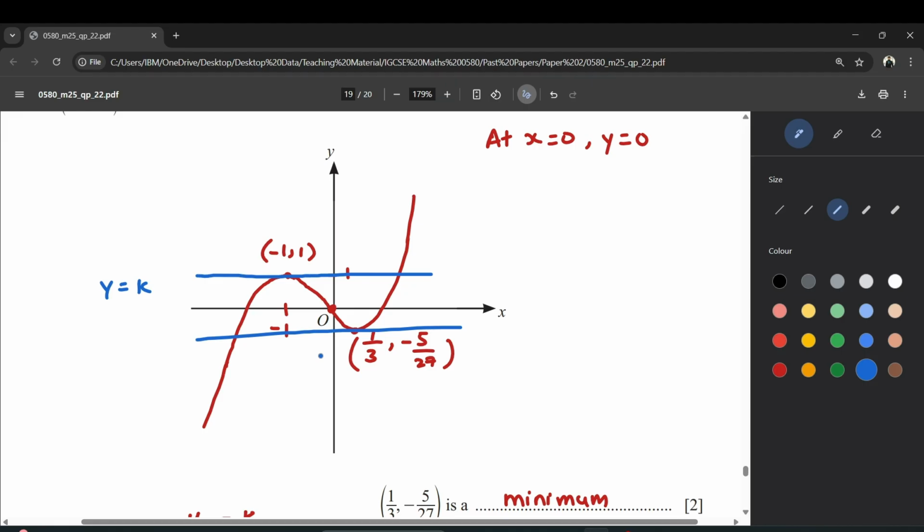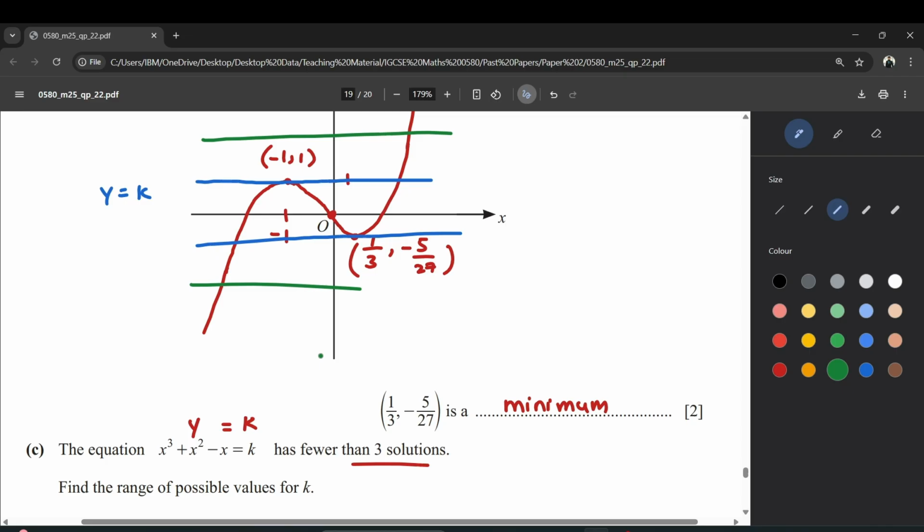One is at the stationary point. For example, for this line, one of the solutions is at the maximum, the other is over here. For the other one, we have one solution at the minimum, the other is over here. What if I draw a line above the maximum and another below the minimum? Here we have one solution and also here we have one solution. That still agrees with what the question has asked us. It is interested in fewer than three solutions, so that could include two solutions, and that could also include one solution.